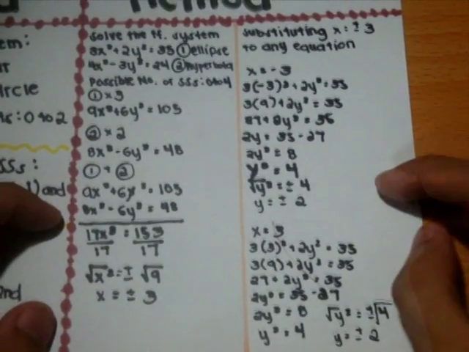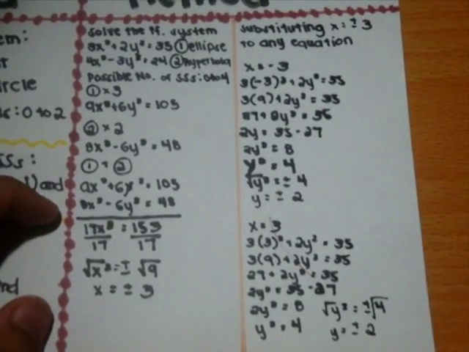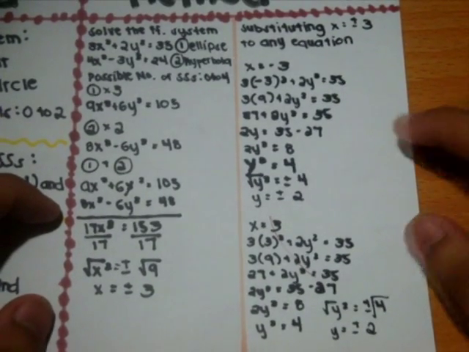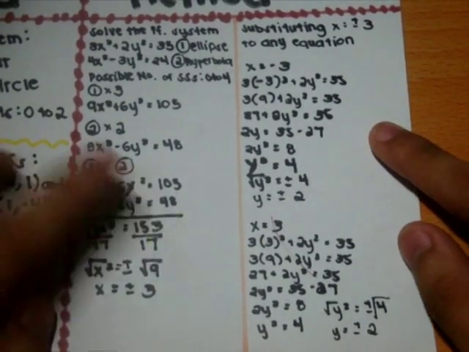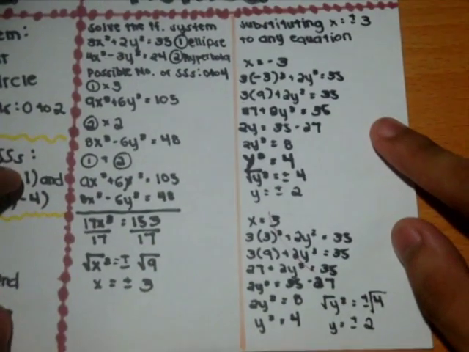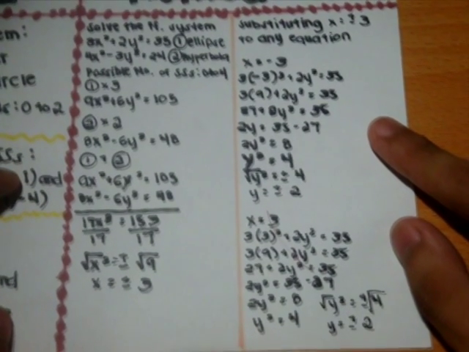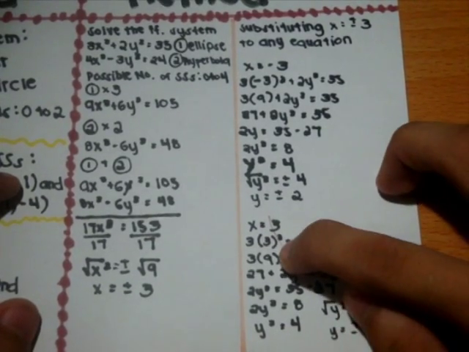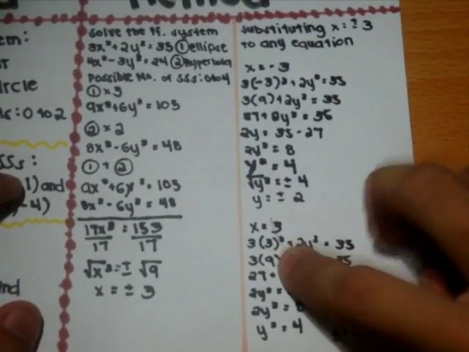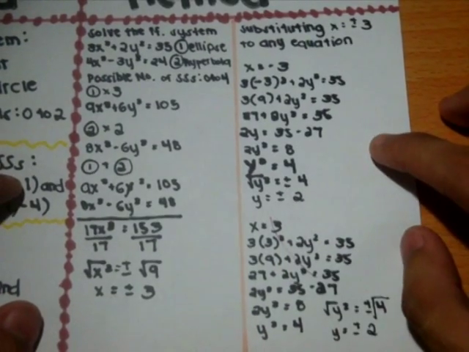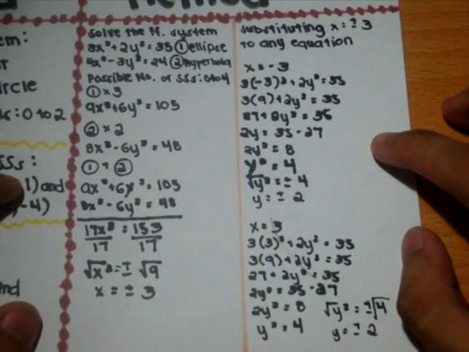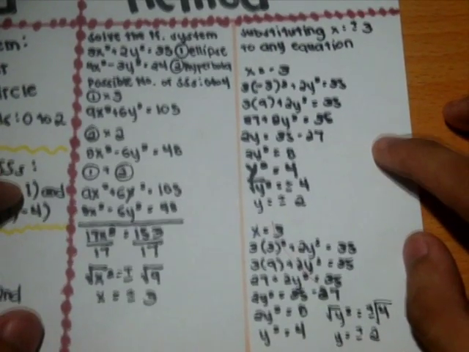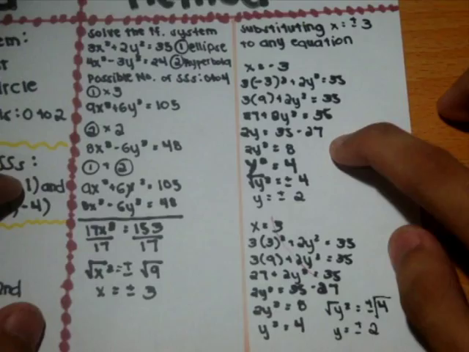The other x value, which is 3, we will then substitute to the first equation. We have 3 times 3 squared plus 2y squared is equal to 35. Simplifying the parenthesis with exponent, 3 times 9 plus 2y squared is equal to 35. Then simplifying, 27 plus 2y squared is equal to 35, just like this part.